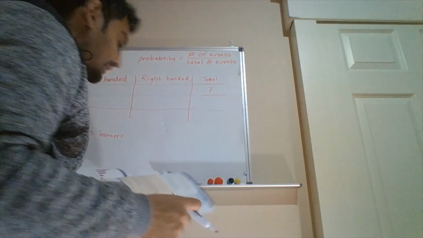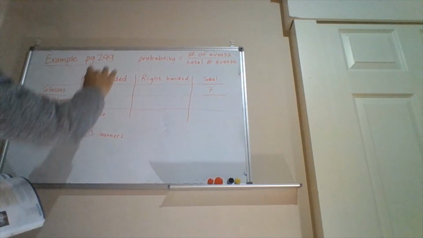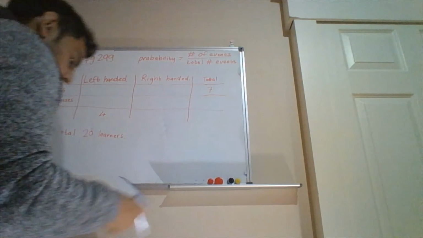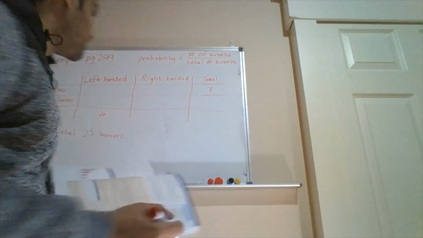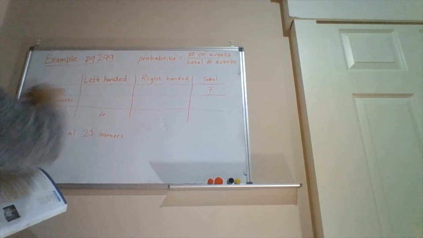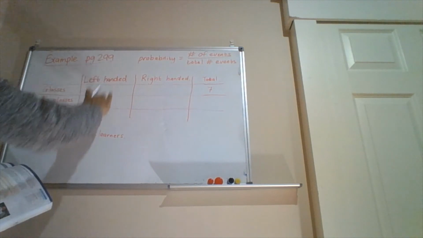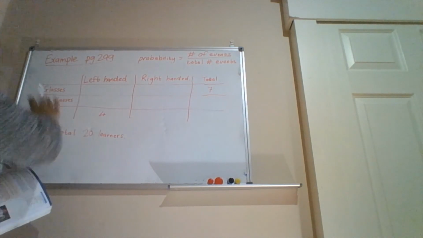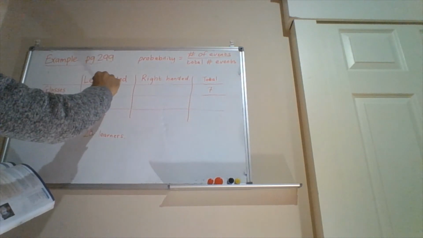And it also tells us that 4 of them are left-handed. So the total of left-handed is 4. Lastly, they tell us that 2 of the students are both left-handed and wear glasses. So we would put the 2 here. This intersects the column of left-handed with the row of glasses. They intersect here.